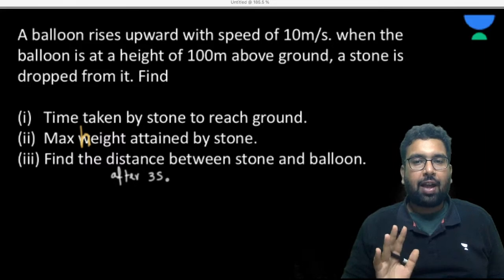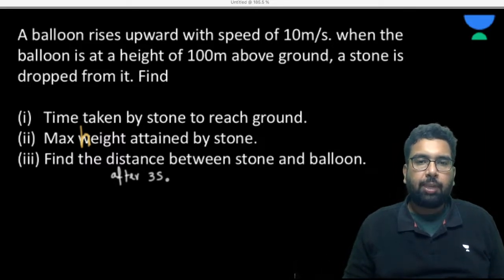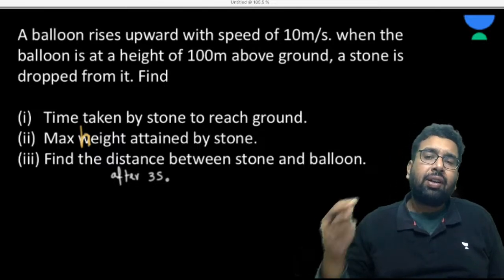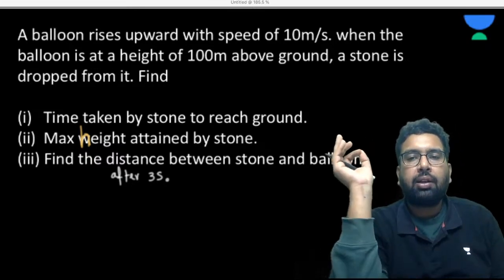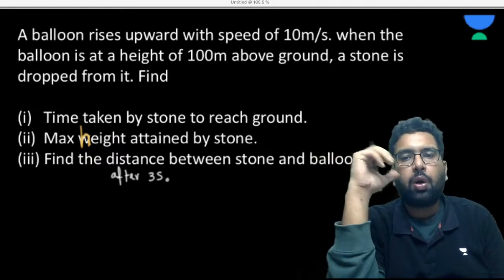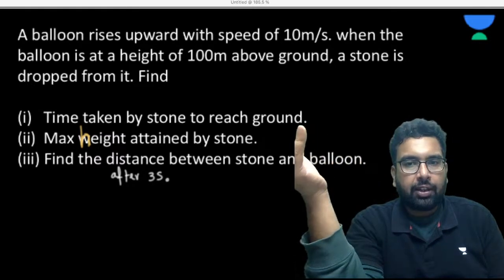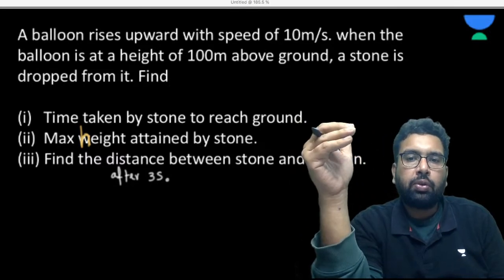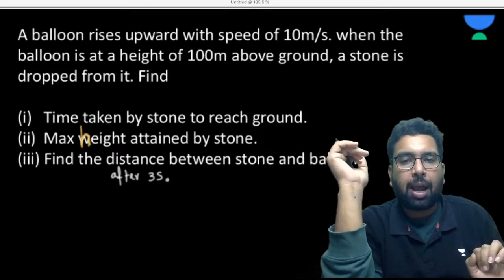You have to realize. Find the distance between the stone and balloon after 3 seconds. After 3 seconds means what? After 3 seconds from the stone being dropped. Let's suppose at some point of time the stone is dropped. At that point of time, obviously the time will proceed. So from the point when the stone is dropped, after 3 seconds, what is the difference between the stone and the balloon?